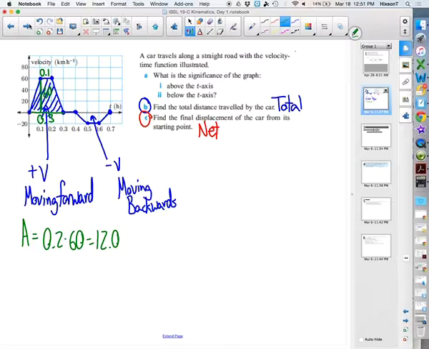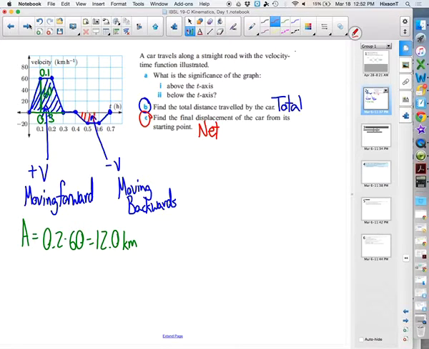Okay? So that's what though? That's 12 units. So what are our units here for distance? Oh, kilometers. Kilometers, okay? So we went 12 kilometers in the positive direction. Here we weren't going anywhere.